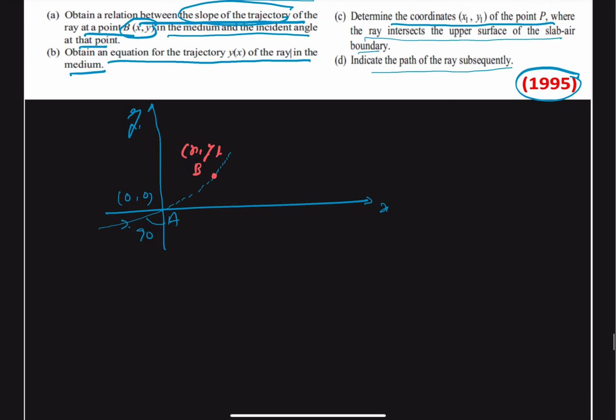And if we draw a tangent to this point, and let us suppose that tangent is like this, tangent is making an angle of theta with the x-axis, and we can draw this one. So this will be our angle of incident at this particular point.